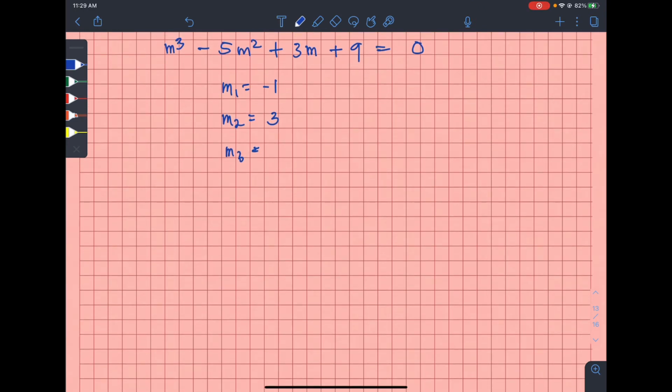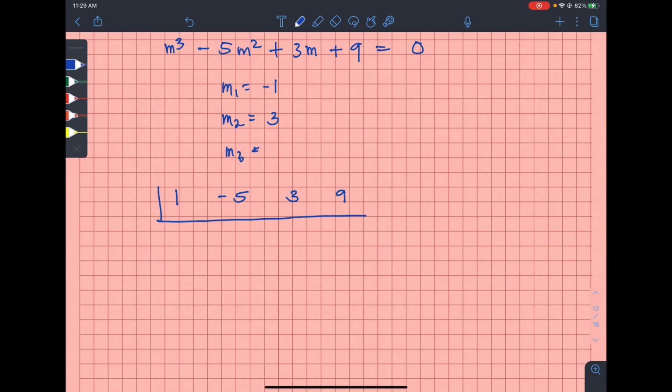Now, to verify whether these are really roots, we will use synthetic division. In synthetic division, I'm just going to get the numerical coefficients: 1, negative 5, positive 3, and positive 9.